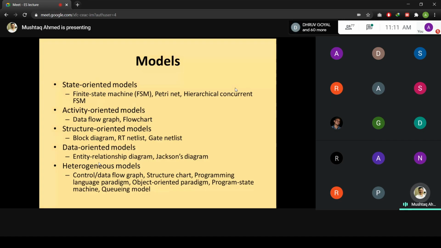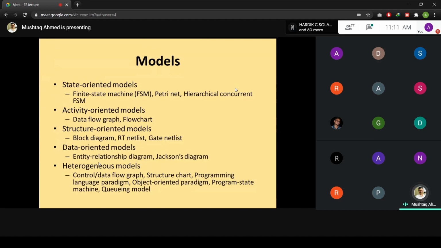Now the data-oriented model, here we require the ER diagram. Another modification of the transition from one state to another is the Jackson diagram.